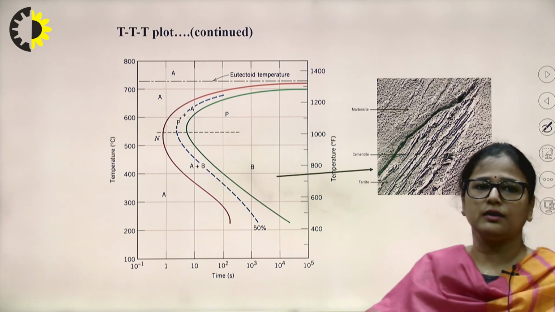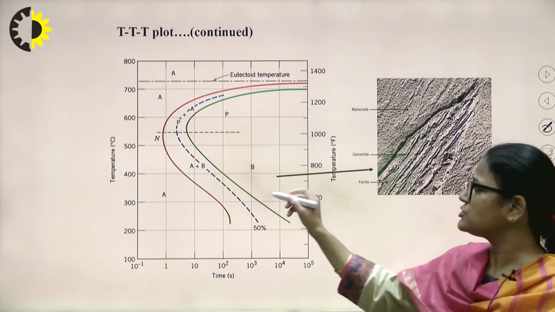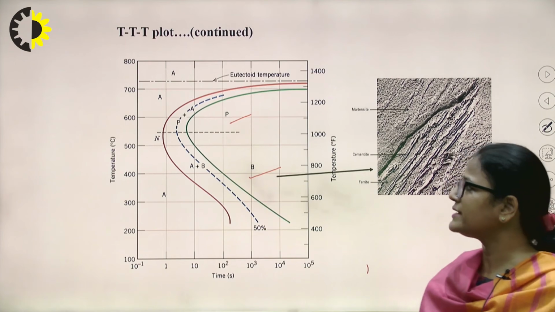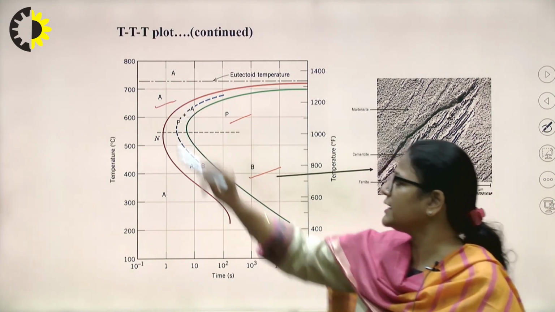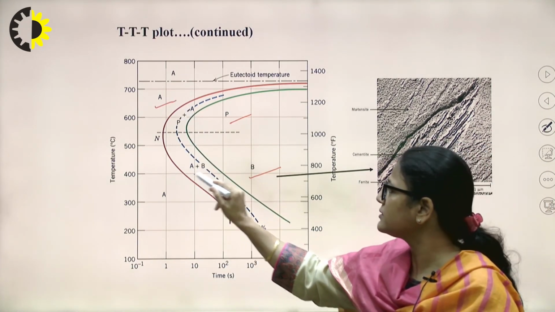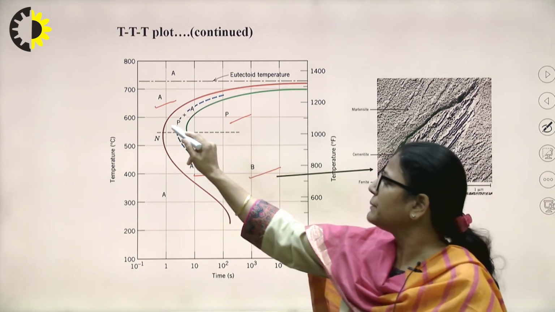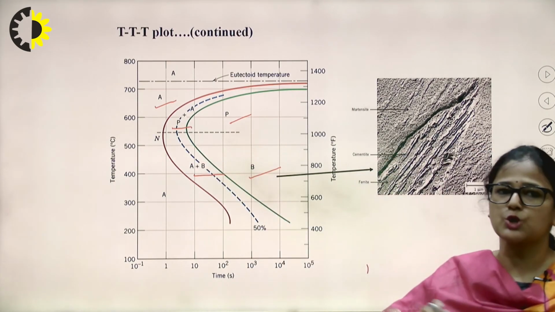One of the macro constituents is bainite. So P is showing the pearlite phase, A is showing the austenite phase, and AB is both phases, austenite and bainite. Here P plus A is pearlite plus austenite.